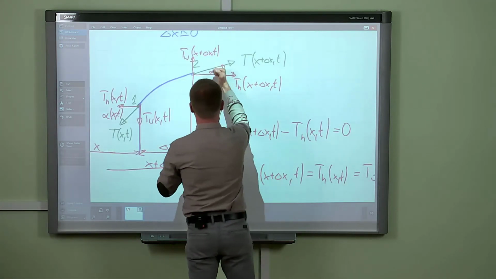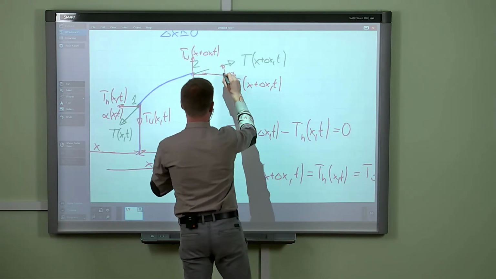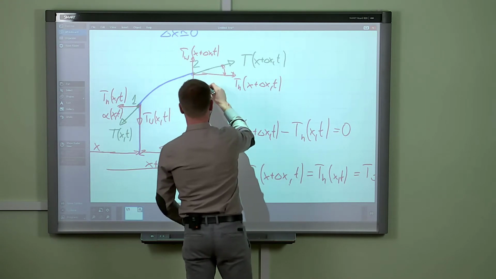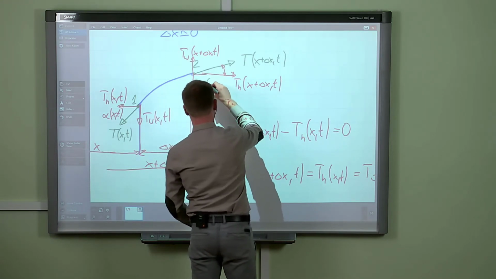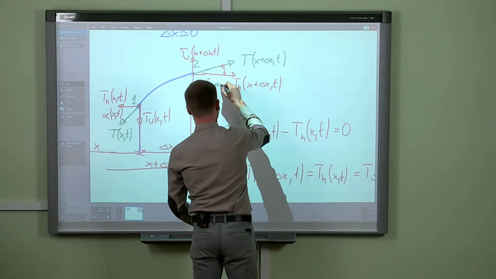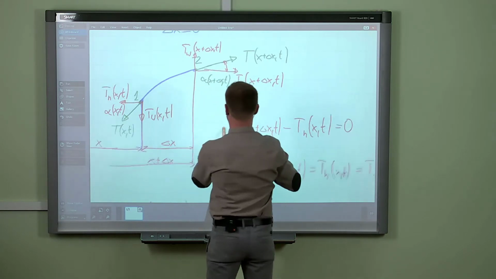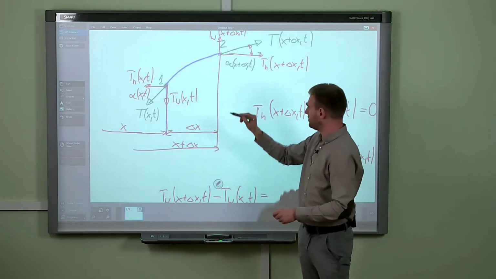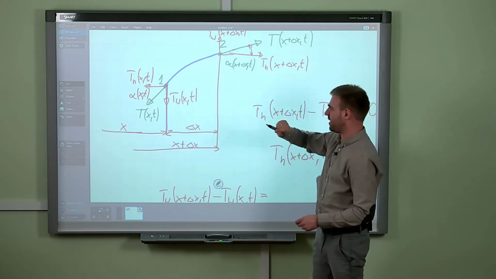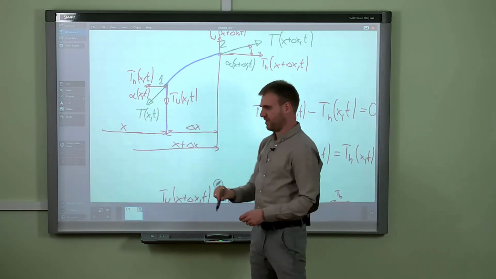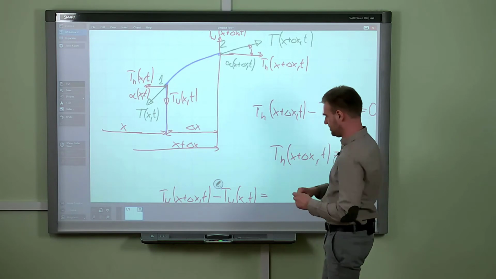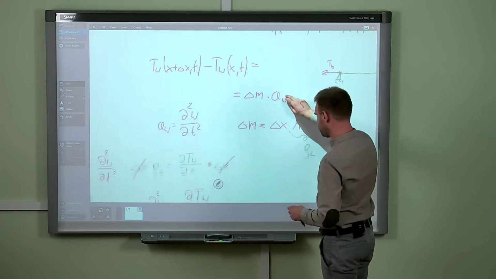Here we have the alpha at the point x plus delta x and t. It's an important thing, because here we have a different alpha angle, since the coordinate is different. Okay, how to compute it?